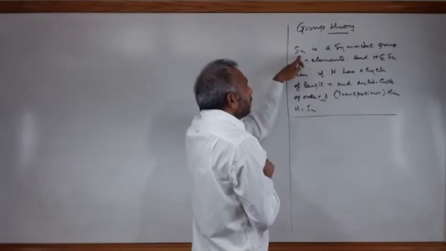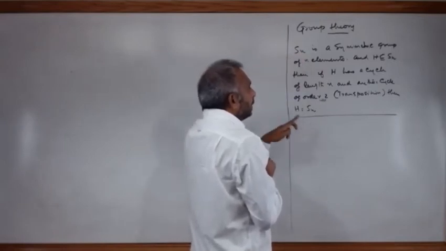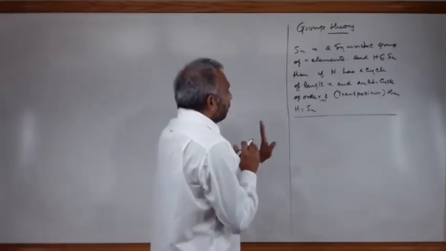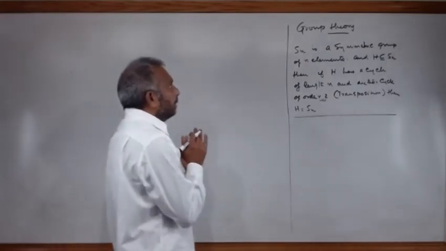And S5, we know that it is not solvable, and hence the polynomial cannot be resolved radically. That is the plan.